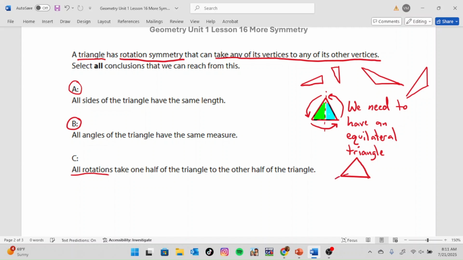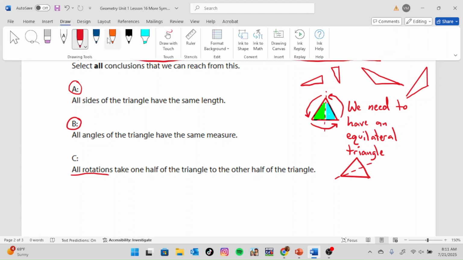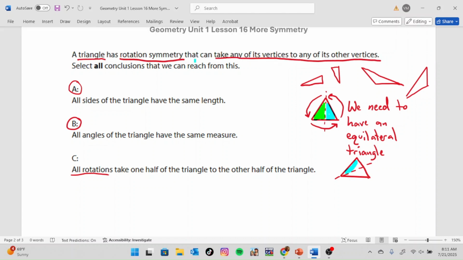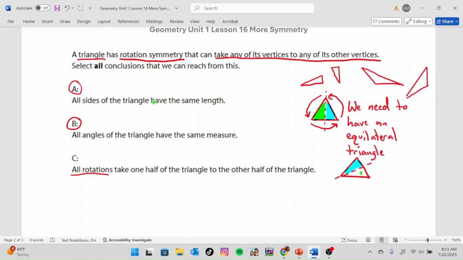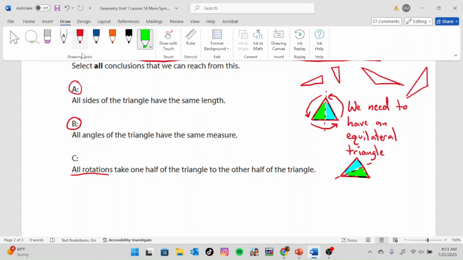So now my line of symmetry goes through here. This would now be my blue half. And this would now be my green half. And we did not take the green half to the blue half. And we did not take the blue half to the green half. So C would not be a true statement.